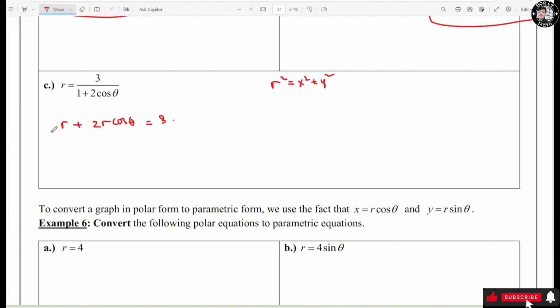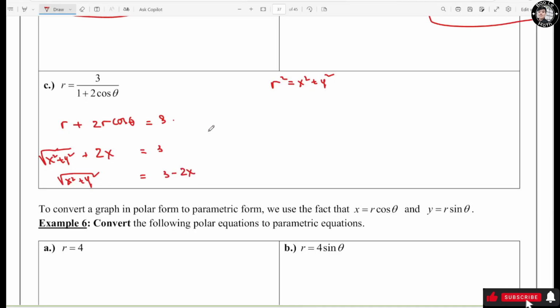So this is r, you need to take the square root of both sides, so it could be the square root of x squared plus y squared, plus 2 r cosine theta, which is actually x, equals 3. Now, it could be the square root of x squared plus y squared equals 3 minus 2x.